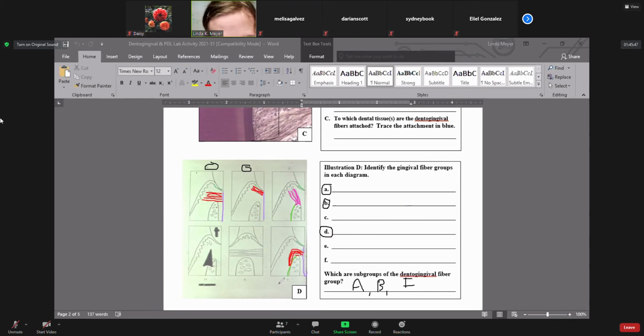Okay, so I'm just going to say this is a buccal view right here.